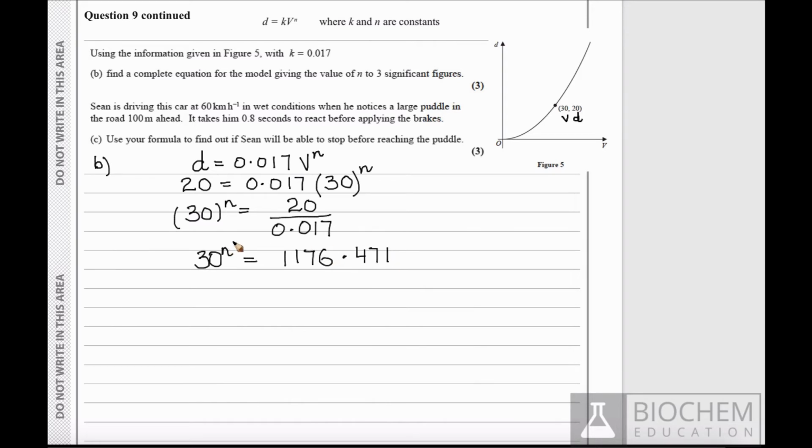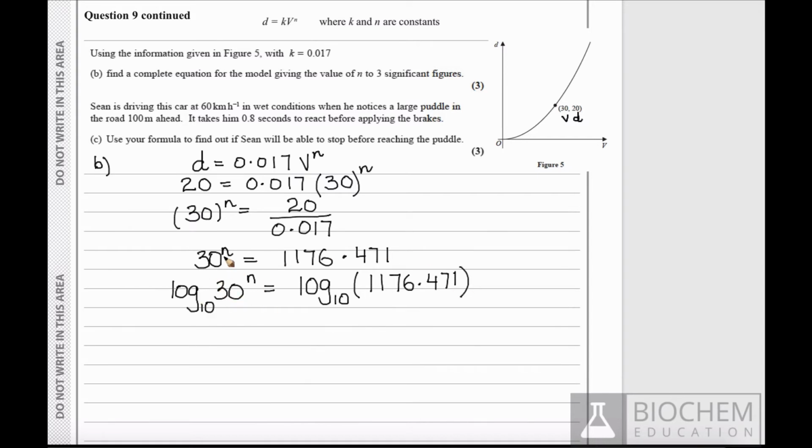1176.471. Now in order to find n, we can log both sides and write this as log to the base 10 of 30 to the power of n equals log to the base 10 of 1176.471.